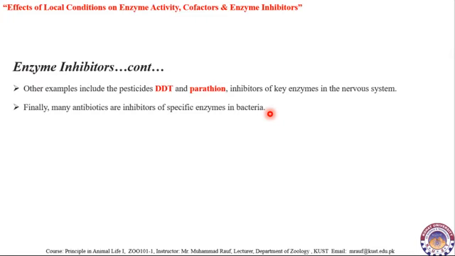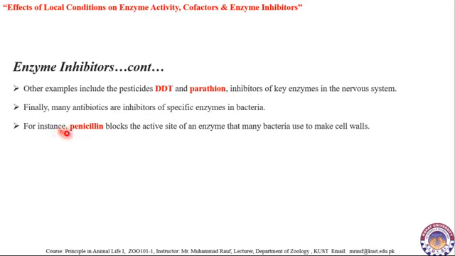Now the mode of action of an antibiotic is similar to an inhibitor. Inhibitors block important enzymes. Similarly, antibiotics also block certain important enzymes in bacteria, and the bacteria are no longer able to synthesize their cell wall or produce pathogenic proteins.